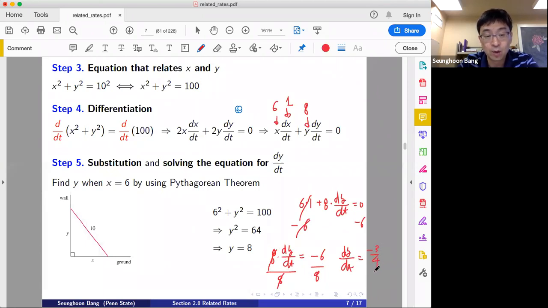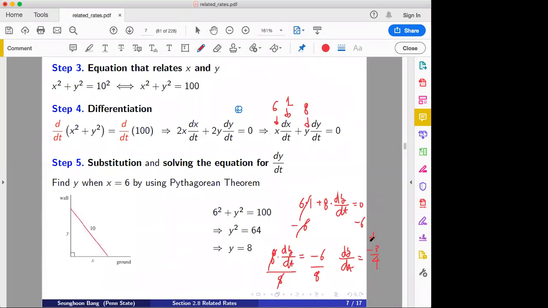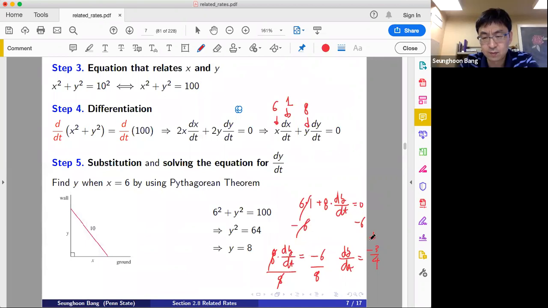Why do we have a negative number? Do you know the reason? Yes, sliding down. This is the reason. The x is sliding away, so dx over dt is positive, while the top of the ladder is sliding down.